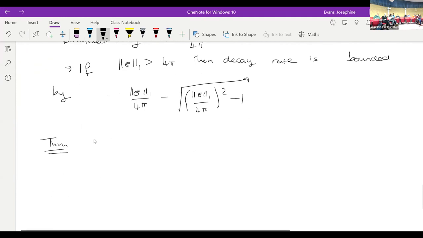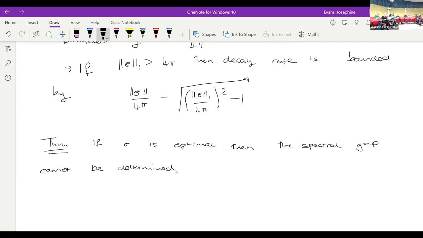So we proved that if sigma is optimal, then the spectral gap cannot be determined by a single eigenvector.